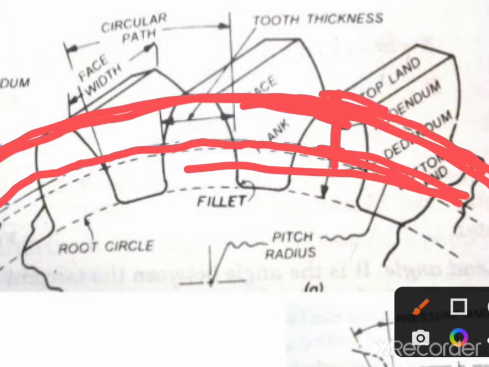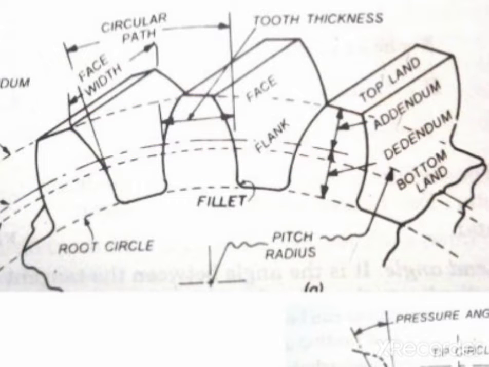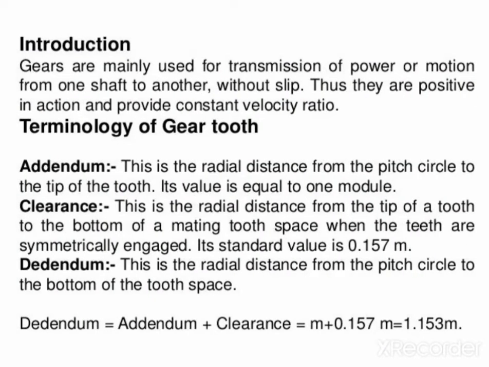The difference between the addendum circle and the pitch circle is the addendum. We will move towards the next concept, that is clearance. What is clearance? It is the distance between the outside diameter of a gear and the root diameter of its mate.